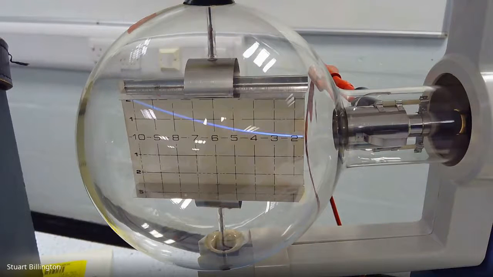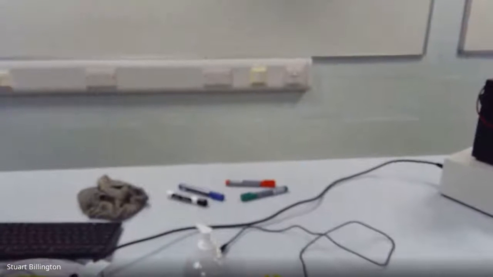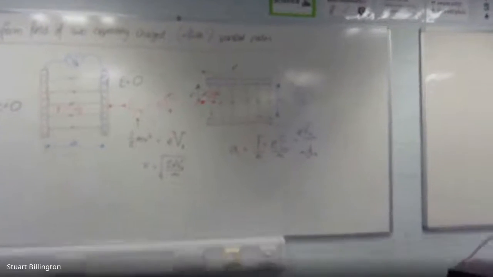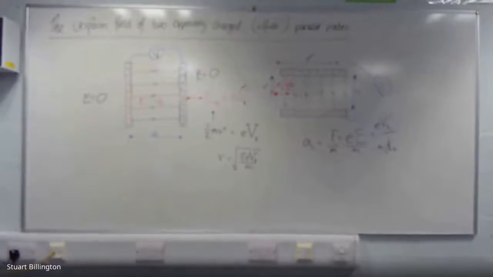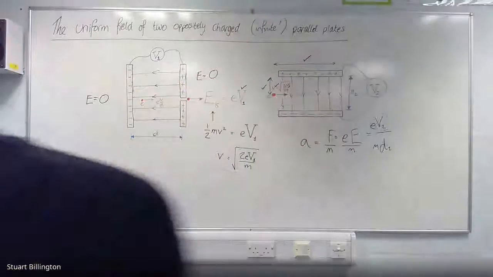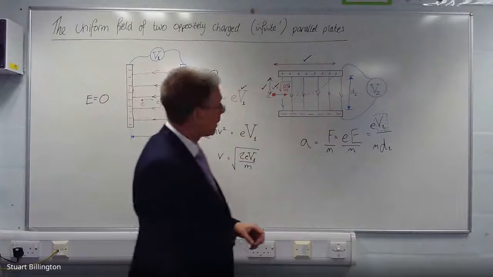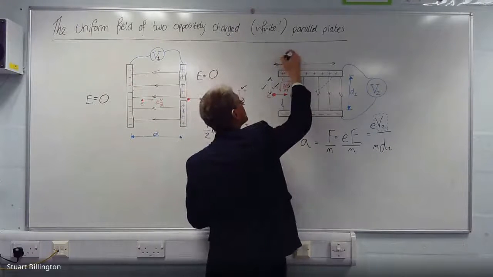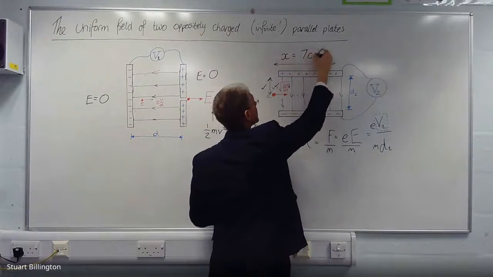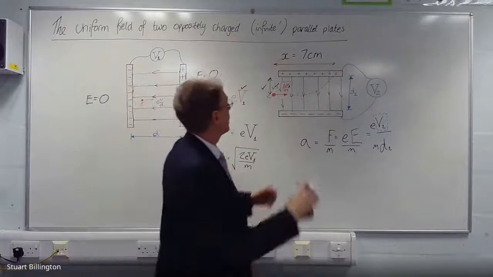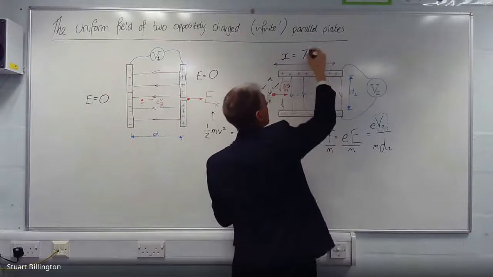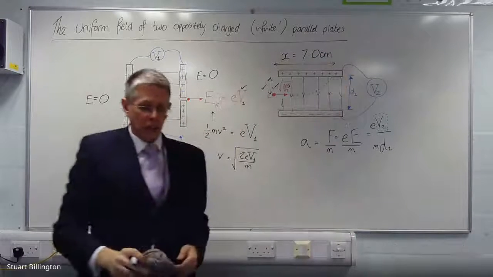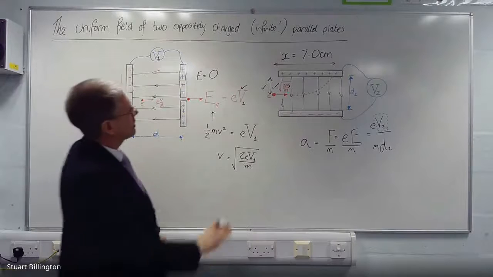So I'm going to move this camera back to the whiteboard, and I'll write down some of the numbers that we've just looked at. Okay, so this horizontal range, x equals 7 centimeters. We could go better than that, couldn't we? We could do 7.0 centimeters and keep everything to 2 sig fig. So horizontal range is 7 centimeters.